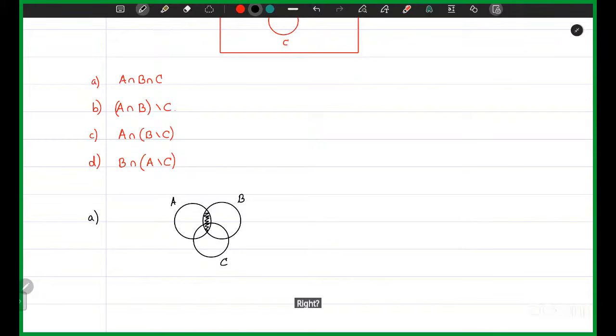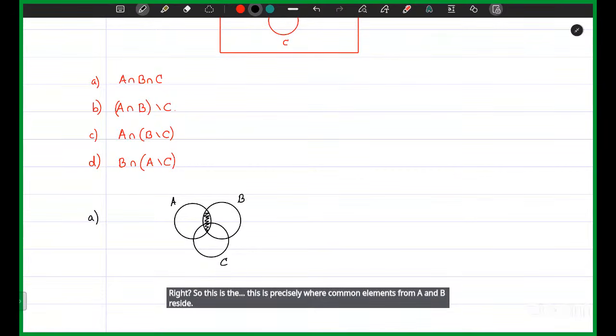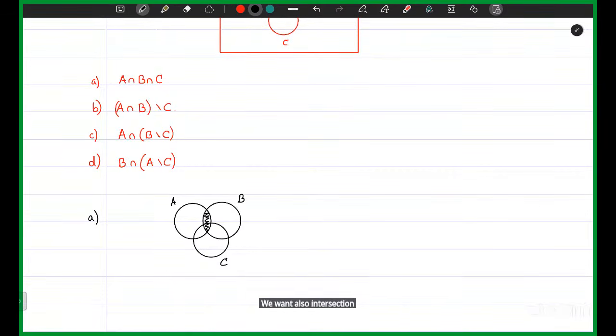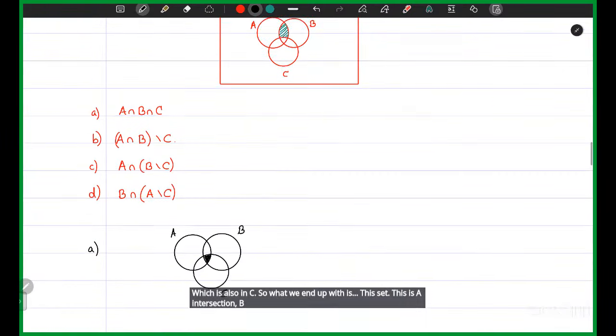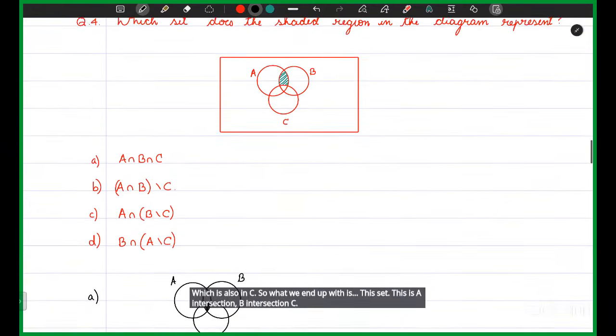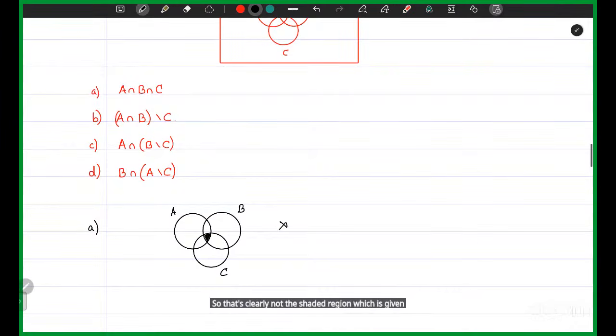This is precisely where common elements from A and B reside. We want also intersection with C, so we want a subset of that set which is also in C. So what we end up with is this set. This is A intersection B intersection C. So that's clearly not the shaded region which is given. So this option is wrong.